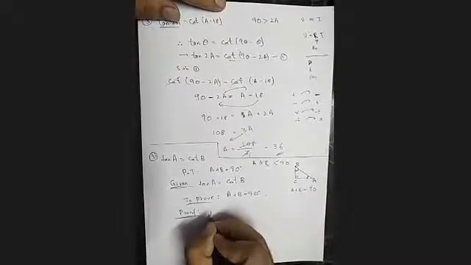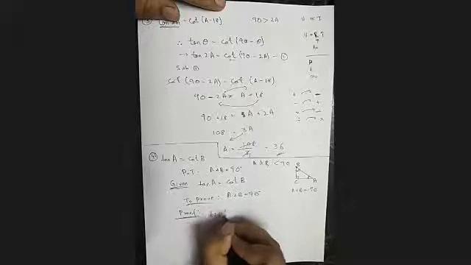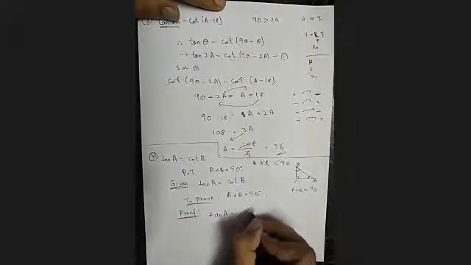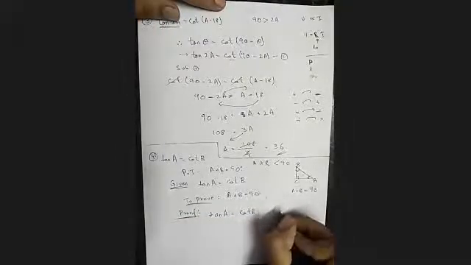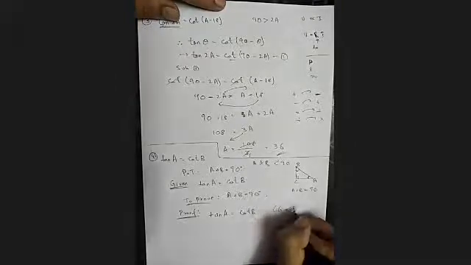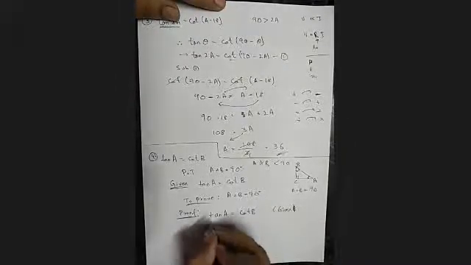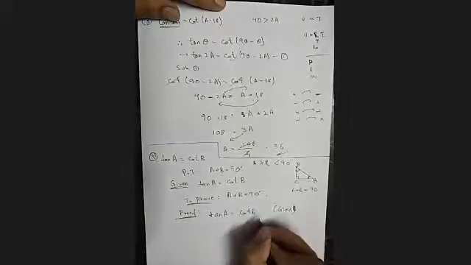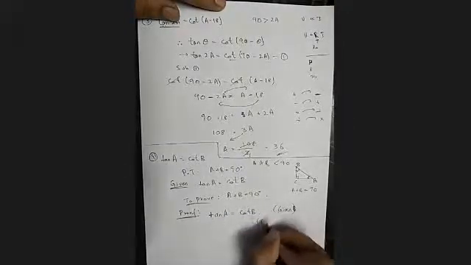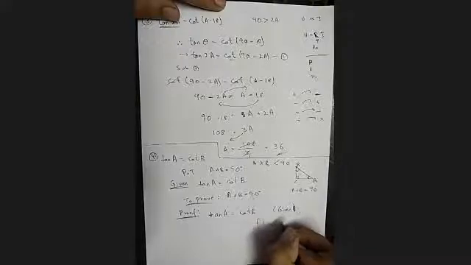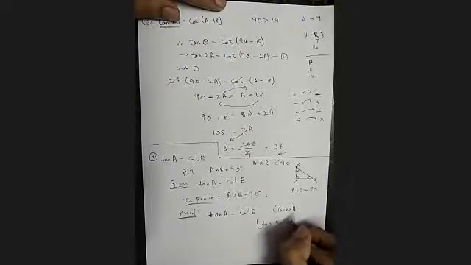So first we will write given tan A is equal to cot B. It is given to us. Now we can apply the formula. Tan theta is equal to cot 90 minus theta.